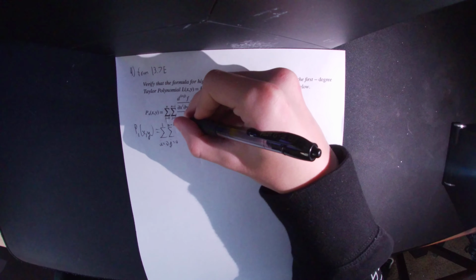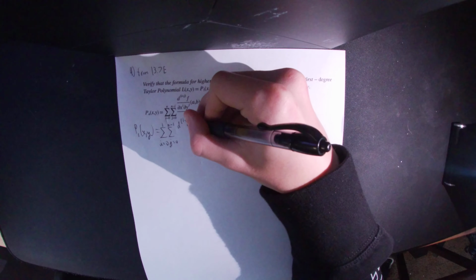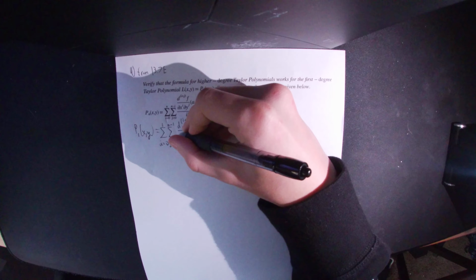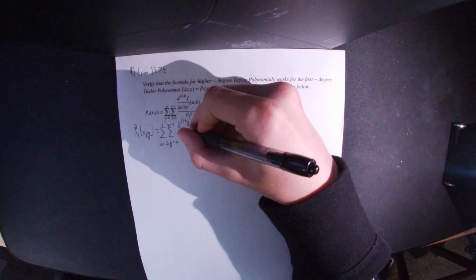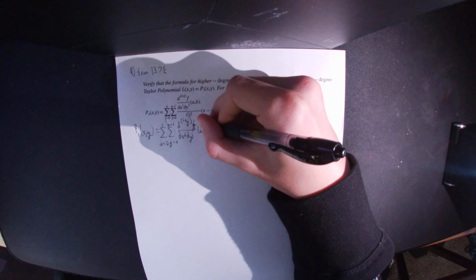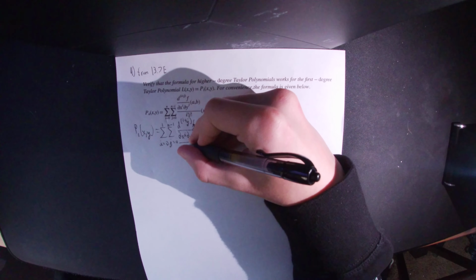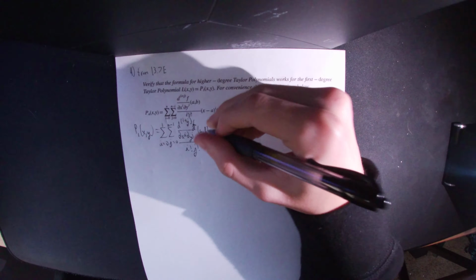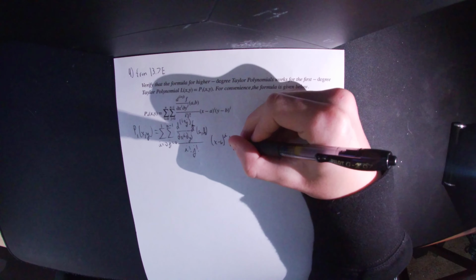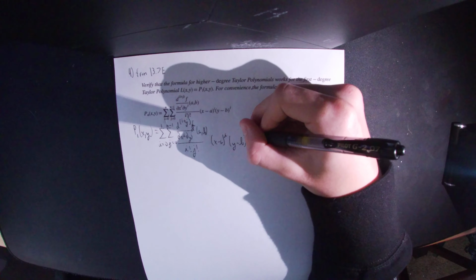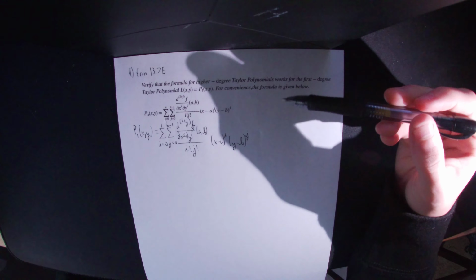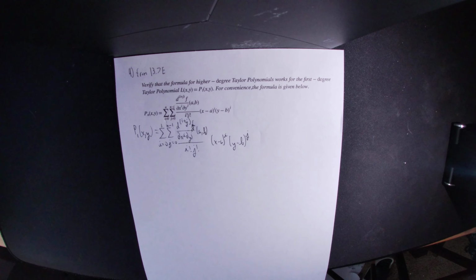We go into the formula, the derivative, partials at point a, b divided by i factorial j factorial. And this is just filling in the higher degree Taylor polynomial formula for n equals 1.